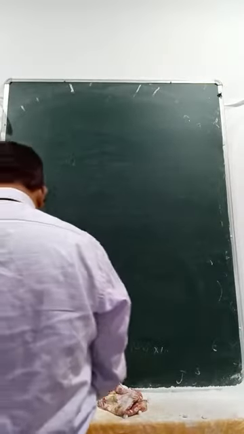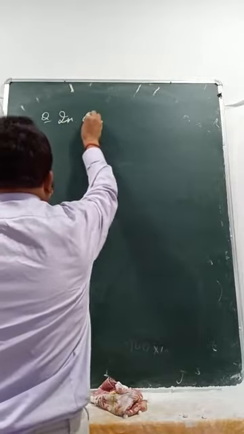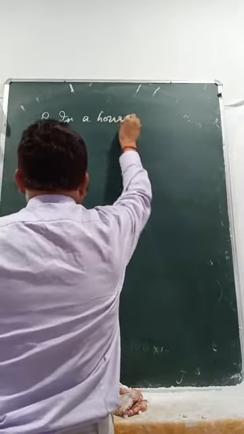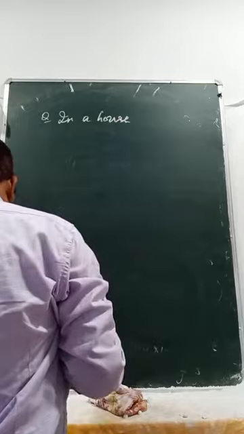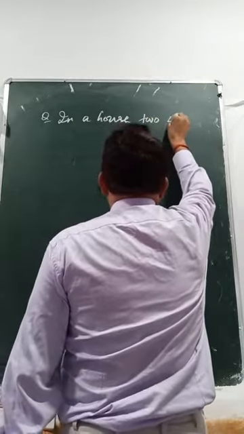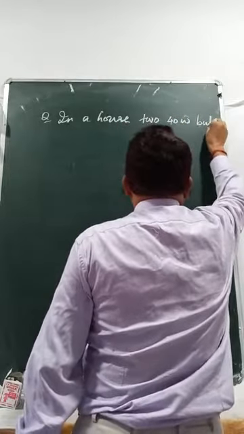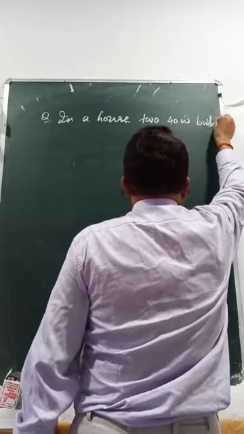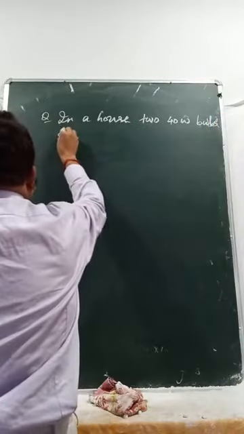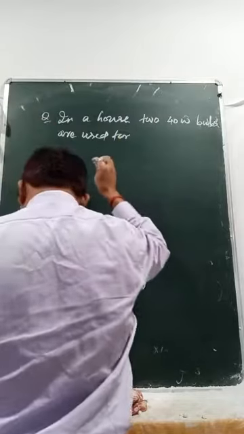In a house, 240 watt bulbs are used for how many hours?